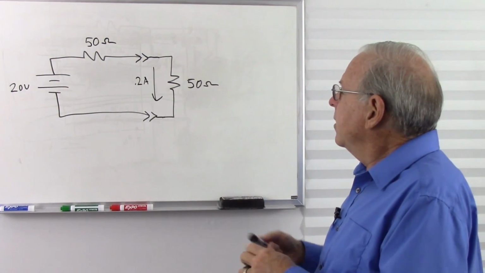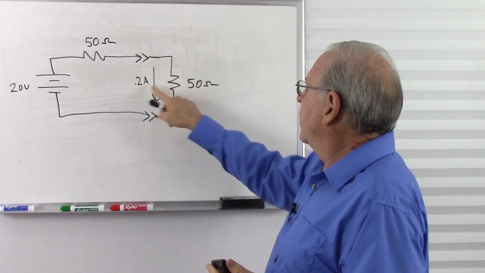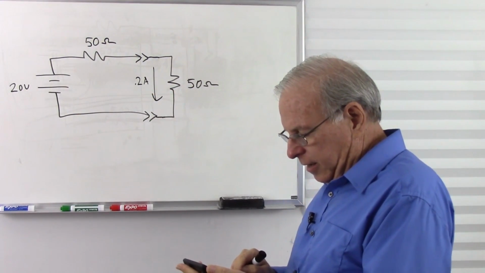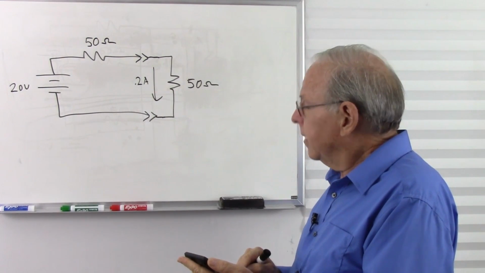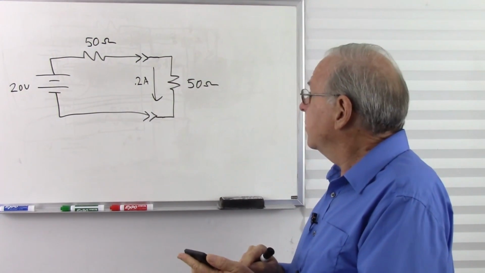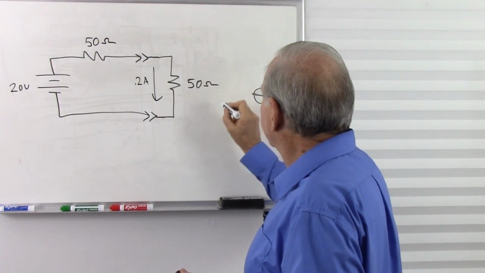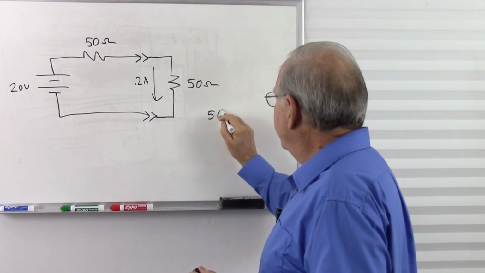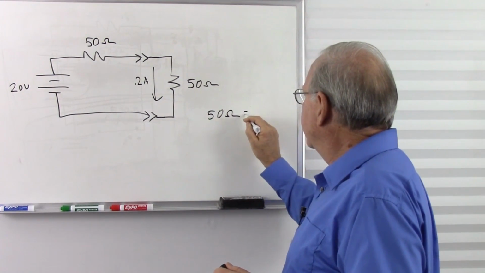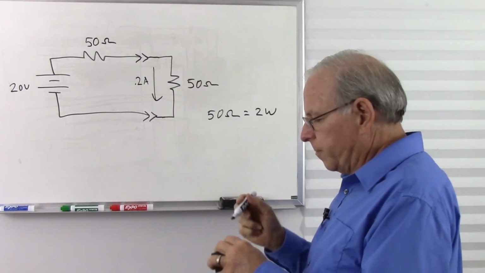So what's the power? 200 milliamps, I squared times R, that's going to give us 2 watts. So at 50 ohms, I get 2 watts of power.